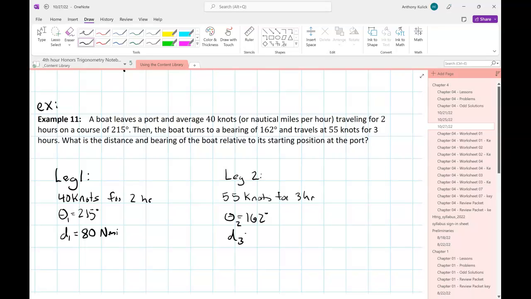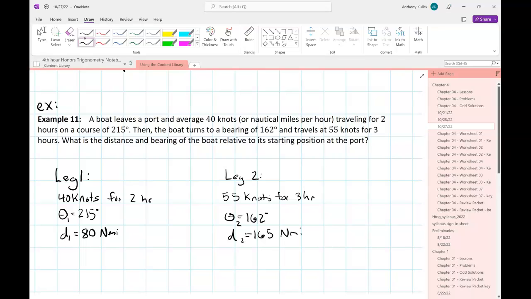How far do we go on the second leg of our journey? 165 nautical miles, right? 55 times 3. Everybody's cool with that? Okay, so we're just 245 nautical miles from our starting position, right?